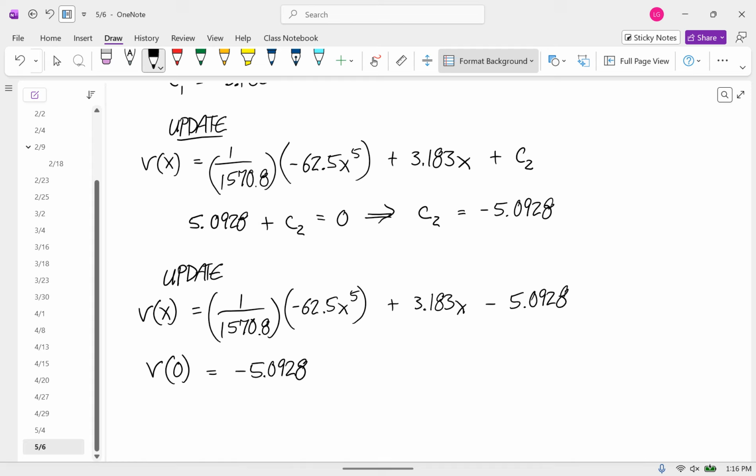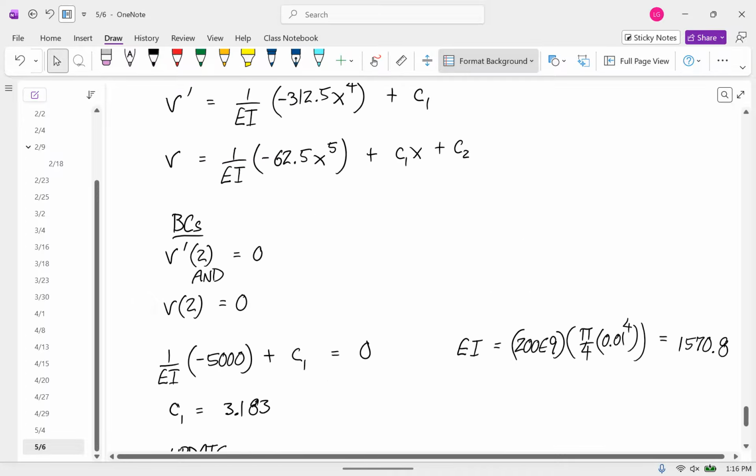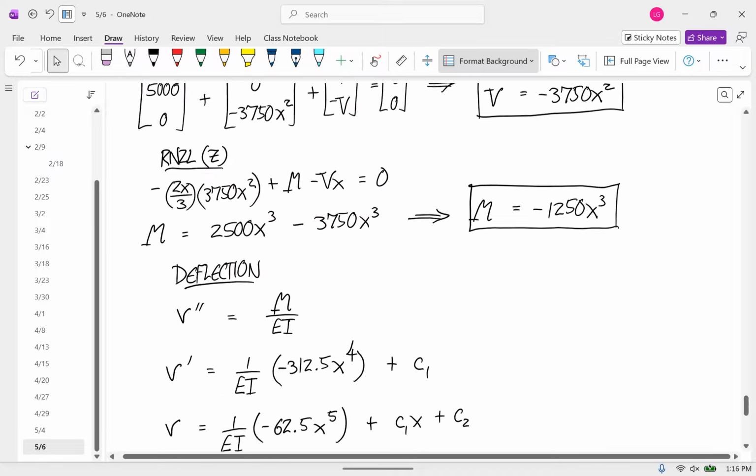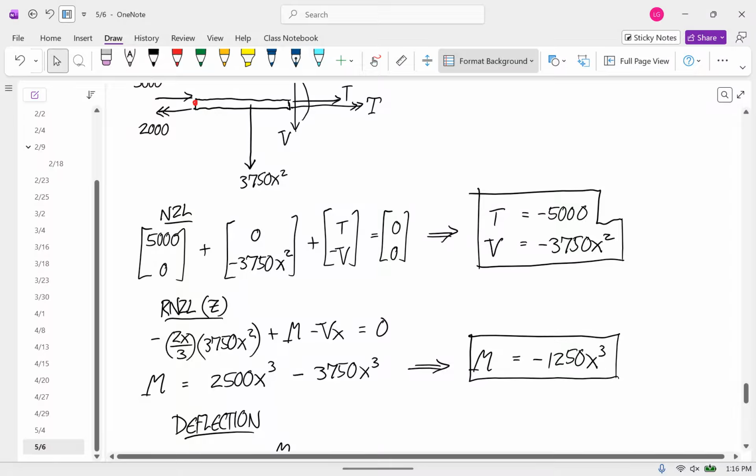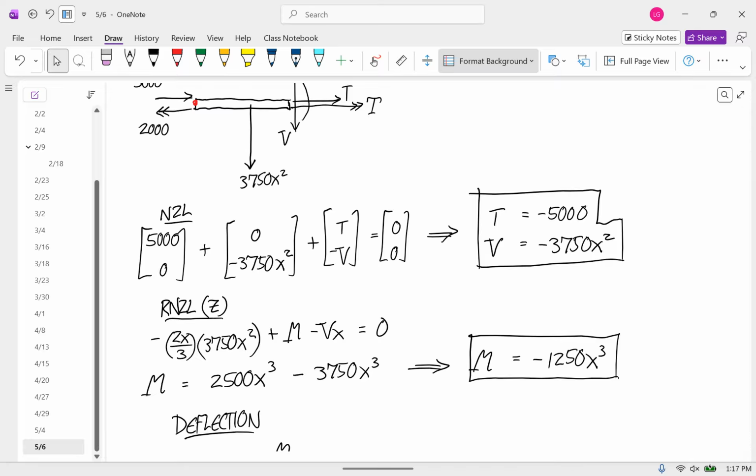But that tells you that that left end, what this says, which is wrong, is that that left end of the beam is 5.09 meters below where it was before you applied those loads. So something I did went wrong in that differential equation, but I don't think I have a prayer of finding it in 2 minutes. Well, see if you can find it.